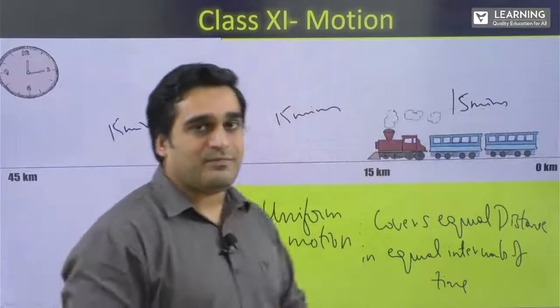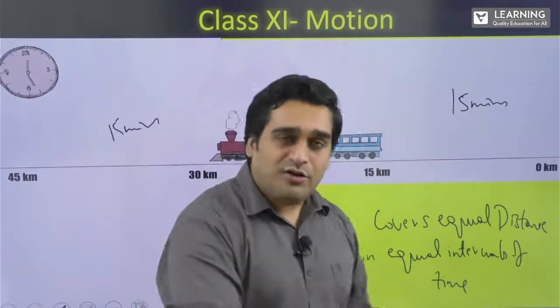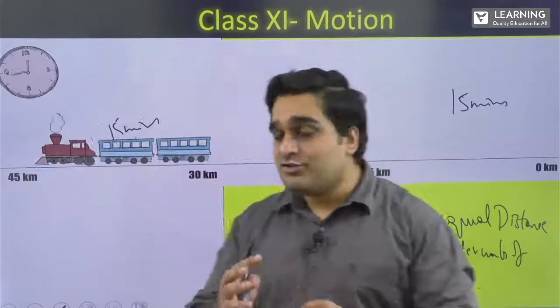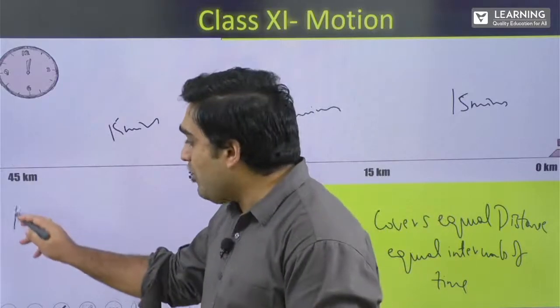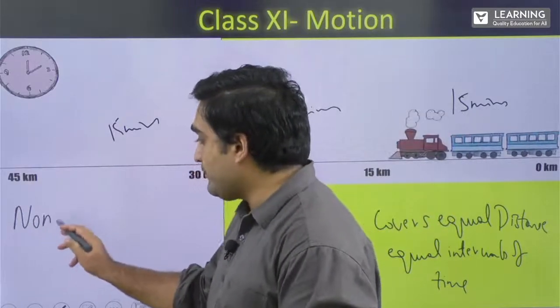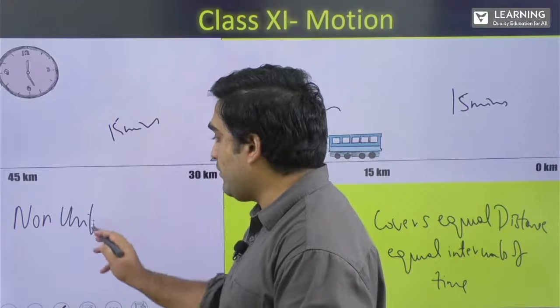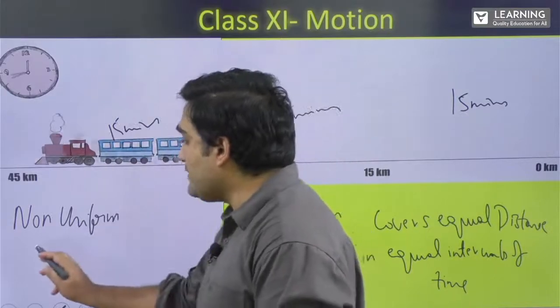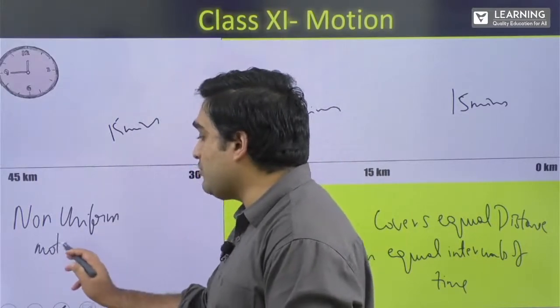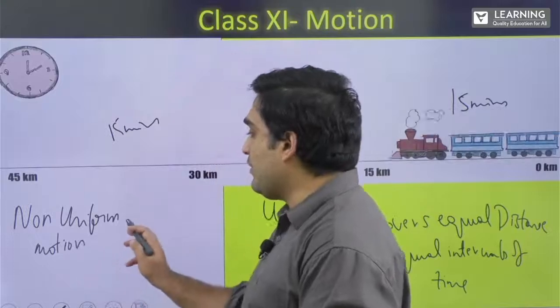On the contrary, from uniform motion, you also have non-uniform motion. And when is an object said to execute non-uniform motion?